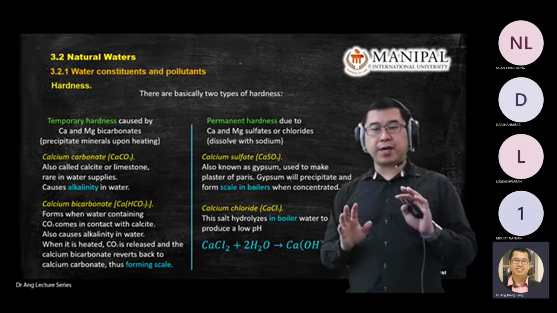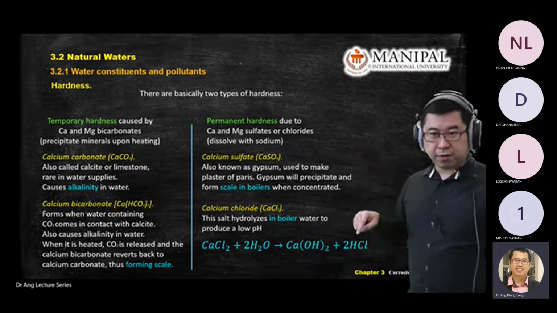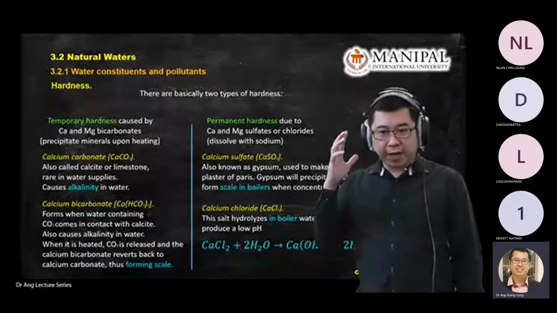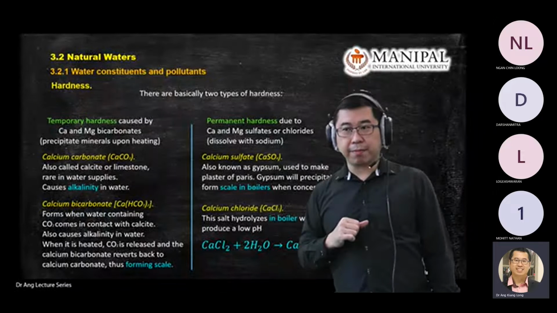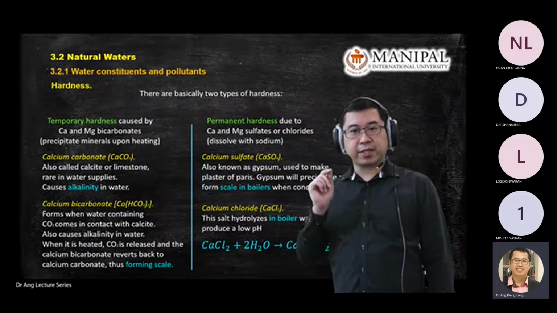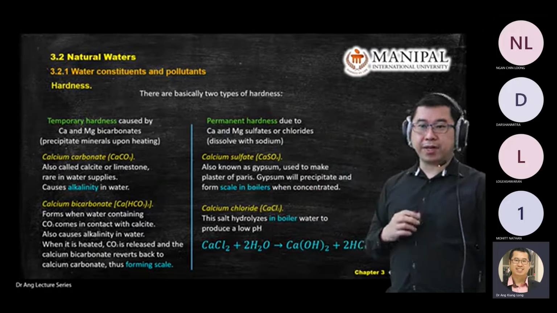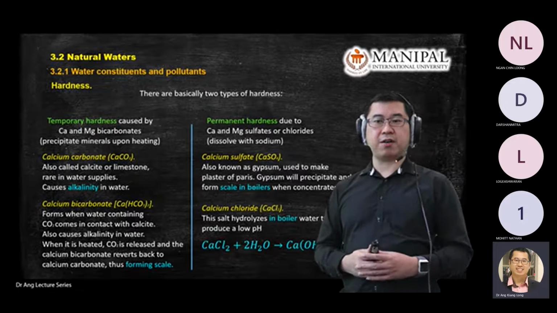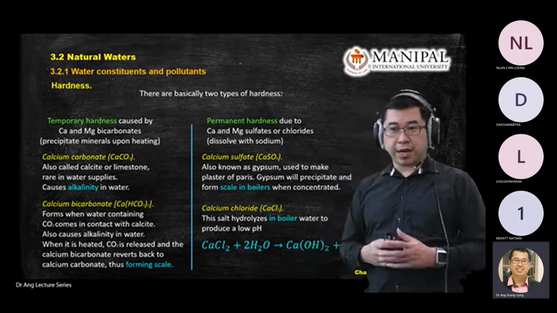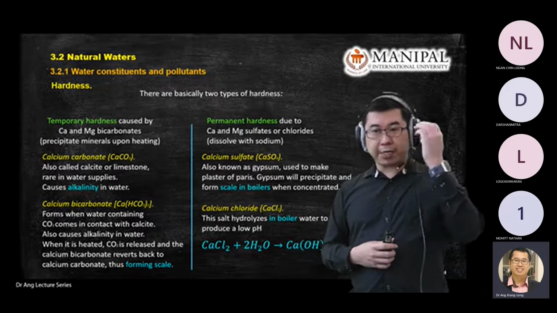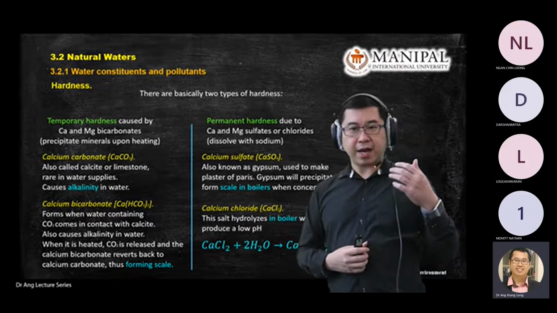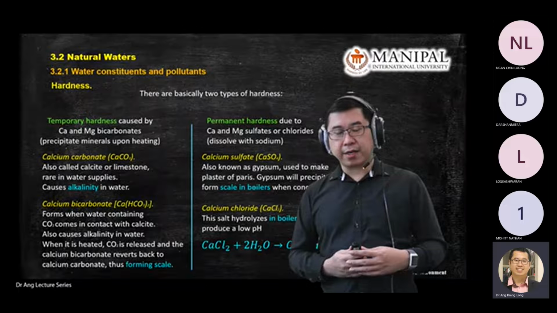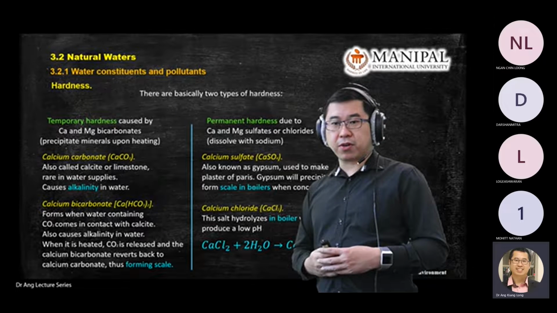So you are playing around with H positive charge and OH negative charge. If you have more H positive, your water will get more acidic. If you have more OH negative, then you get a more alkaline solution. Take note of that. That is the basis of the corrosion environment. If you have this basic understanding, then you are able to explain why corrosion can happen and why the environment can increase the rate of corrosion.